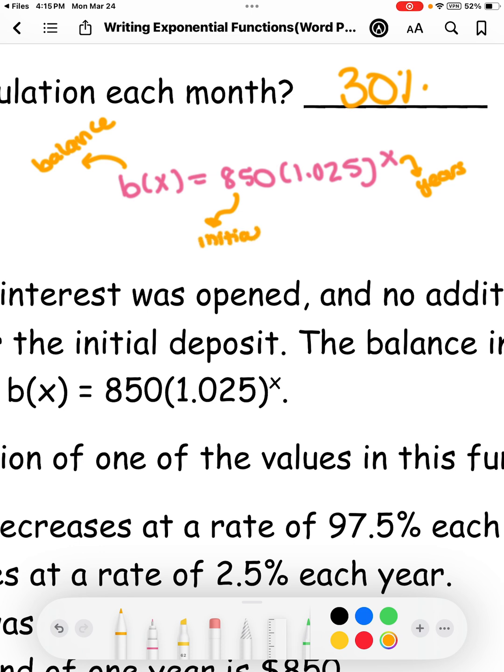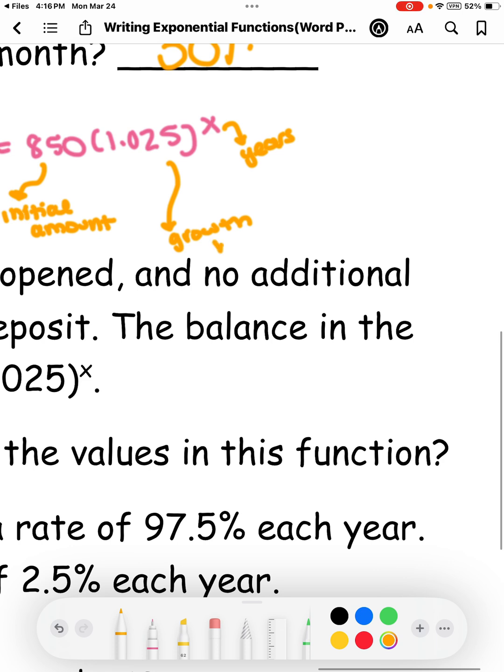All right, it's the initial amount of money in the account. Is this exponential growth or decay? This is exponential growth, right? Because that b value is greater than 1. And by what percentage is it increasing by?